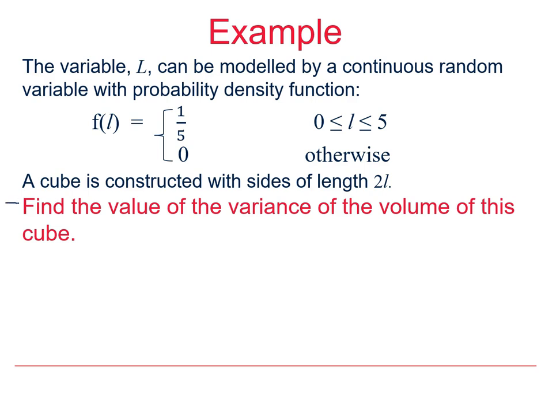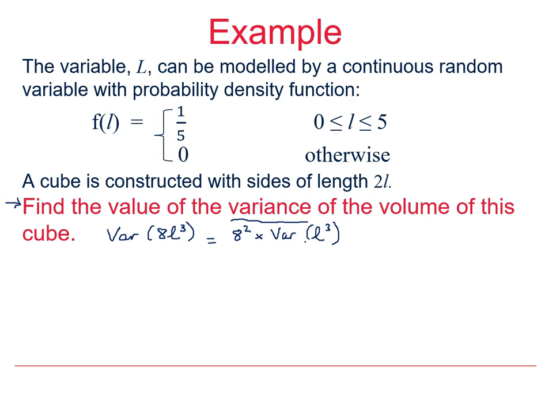And finally, we've been asked to find the value of the variance of the volume of the cube. So this time, variance, our volume is 8L cubed, and in order to simplify that, if you recall, the variance of ax plus b is a squared multiplied by the variance of x, so this would actually be 8 squared multiplied by the variance of L cubed, just to slightly simplify our integrals in terms of having lots of numbers in there.